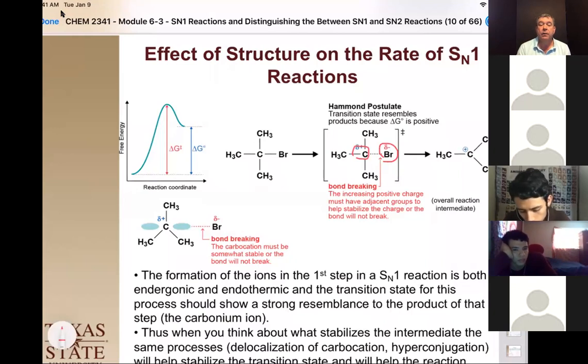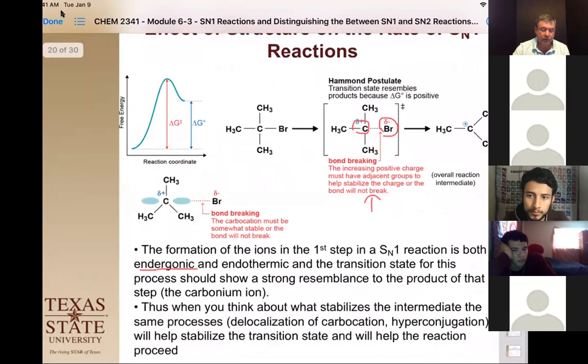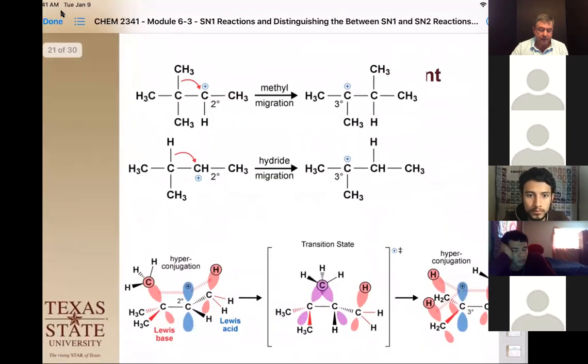Because this breaking is closer to what our products would look like, it actually lowers the activation energy. It lowers the Gibbs free energy, giving us a exergonic reaction. I'm sorry, endergonic reaction. Okay.